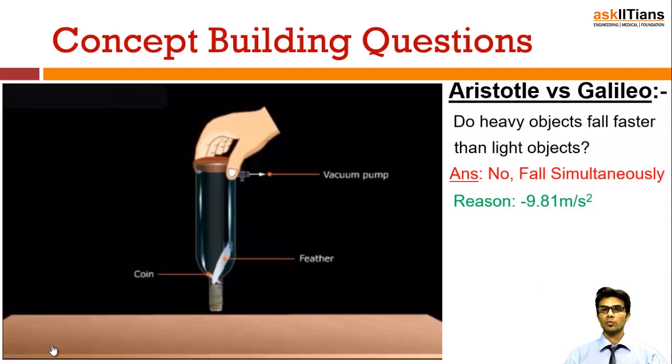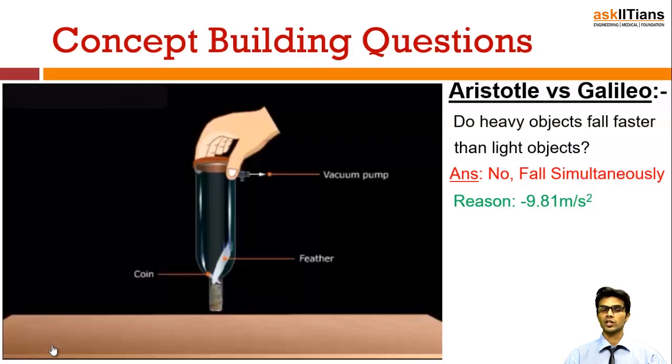Whether an object is heavier or greater in volume doesn't matter, it only depends upon the acceleration due to gravity of Earth, which is 9.81 meters per second squared. So the acceleration for both the heavier and the lighter object is the same.